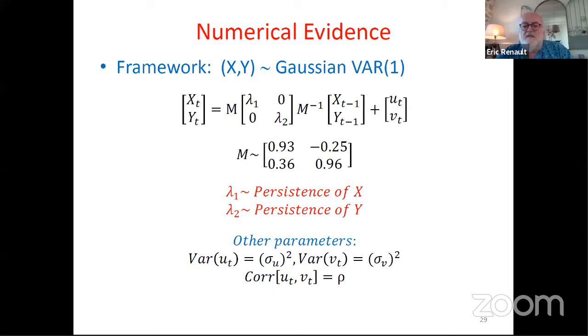You may wonder whether this effect is important. I have prepared a small numerical illustration, a bivariate process. Typically, there is a change of basis in this diagonalization, but basically, you have a very strong coefficient on the diagonal. So you can see lambda 1 as almost being the persistence of X and lambda 2 as almost the persistence of Y. Okay. And rho is important, the correlation between the innovations.